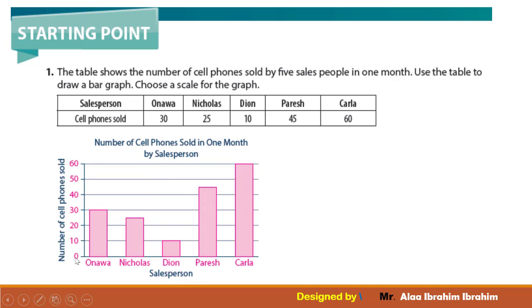So I start with 0, 10, 20, 30. I have to make it a pattern: we add 10 each time and keep the same order.